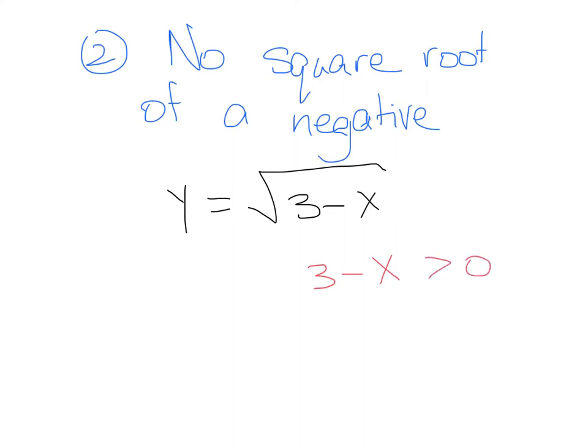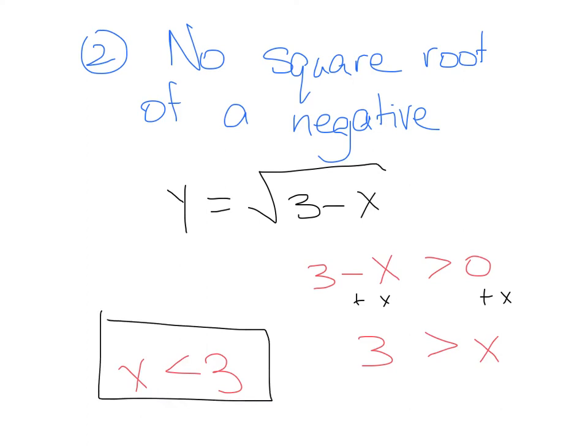Now we can go ahead and add x to both sides, and we get that x is over there. It's a little awkward because we have it on the right side, but let's switch it around. x has to be less than 3. If x were greater than 3, then this thing here would be negative, no good. So that is our domain in this case.